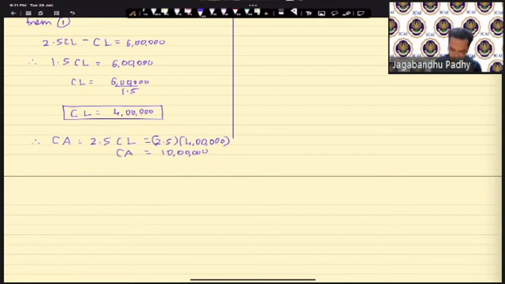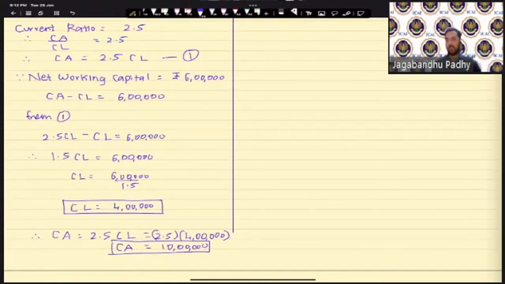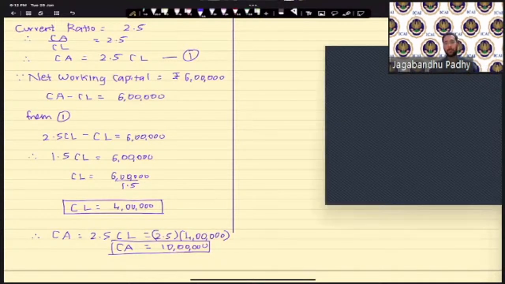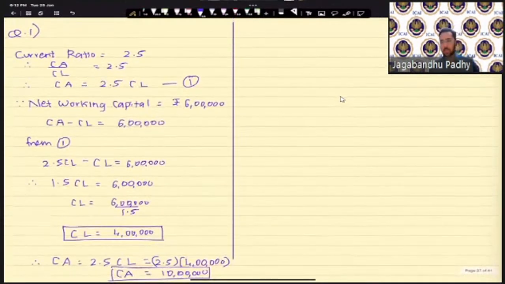Okay, so we get a current asset figure of 10 lakh. Fine. So we have used the current asset, net working capital, and the current ratio.